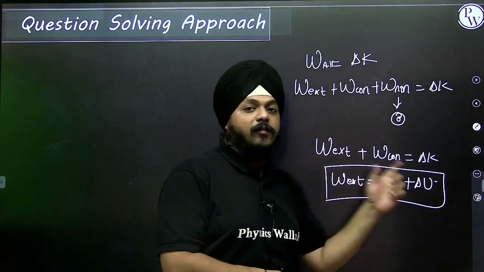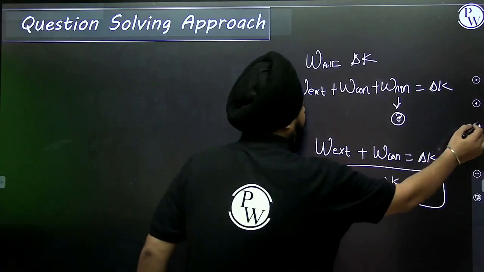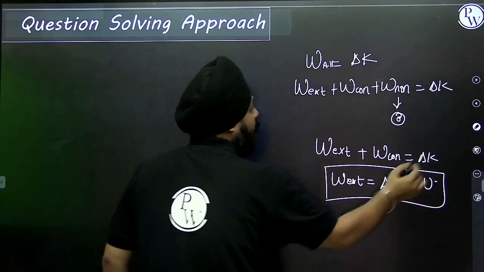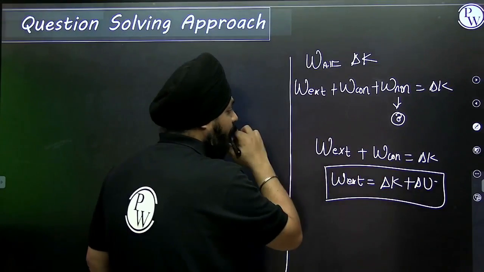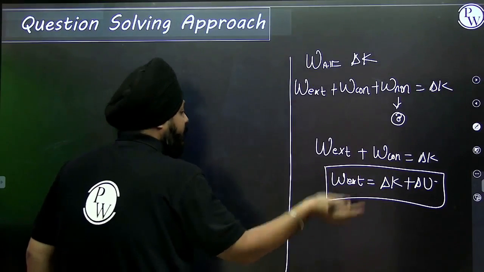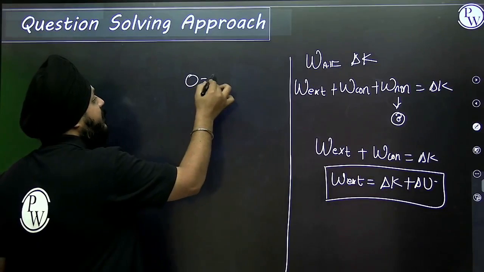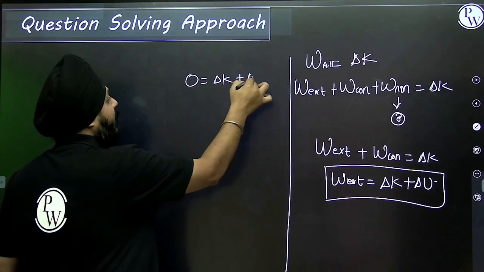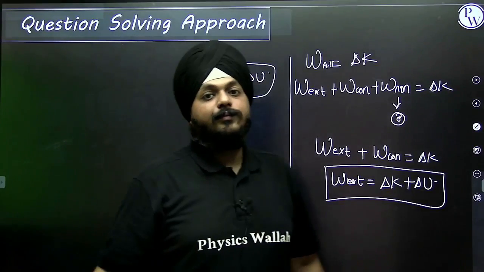That's why W external is equivalent to delta U. In this case, we are not having any resistive or dissipative forces. And suppose if the external agent is also 0, then total energy always remains constant. Whatever the variation we get will be equivalent to delta K plus delta U only.